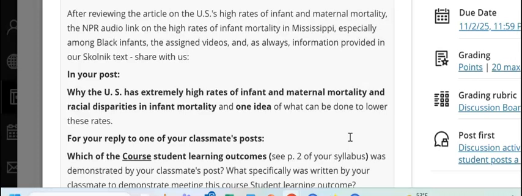And then one idea, based on the evidence that you read, that can be done to lower these rates.